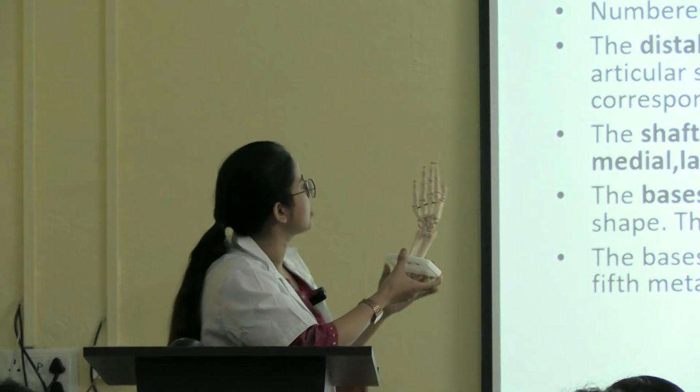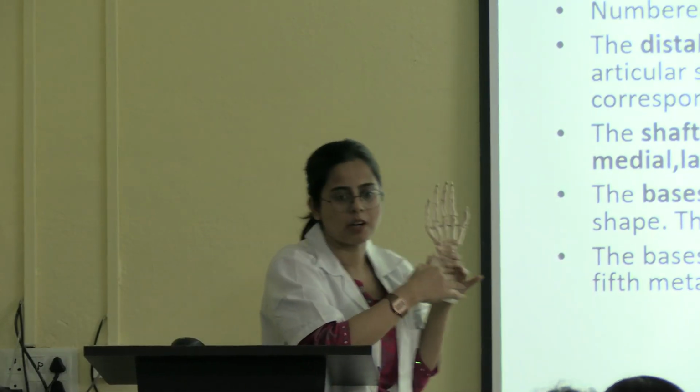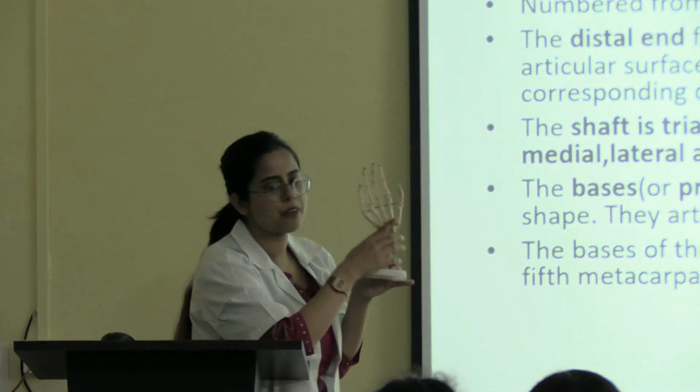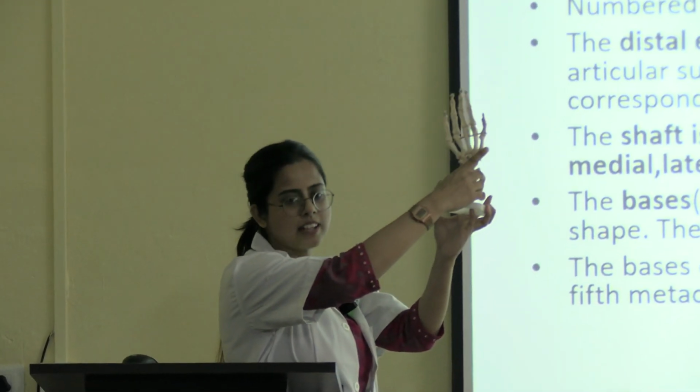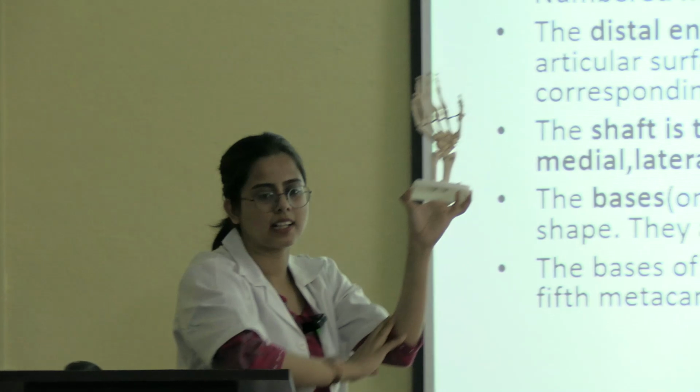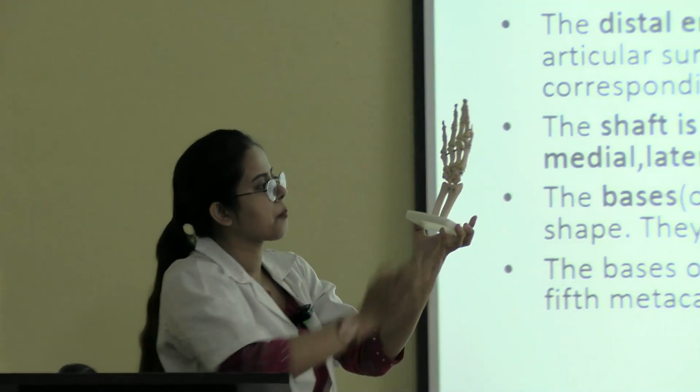Okay. So now we will read about each metacarpal. So this is the first metacarpal. You can see that it is thicker and shorter than the rest of the metacarpals. Clear?